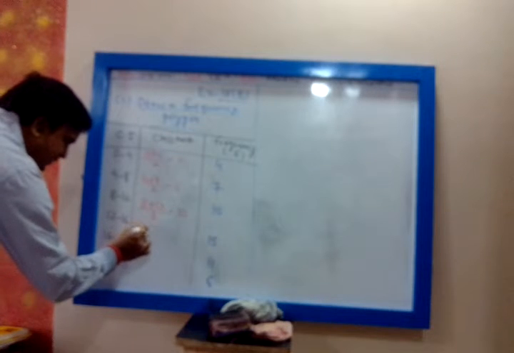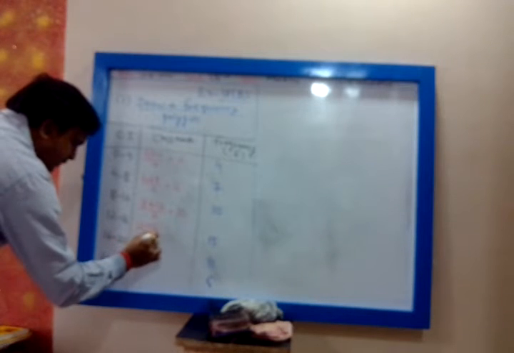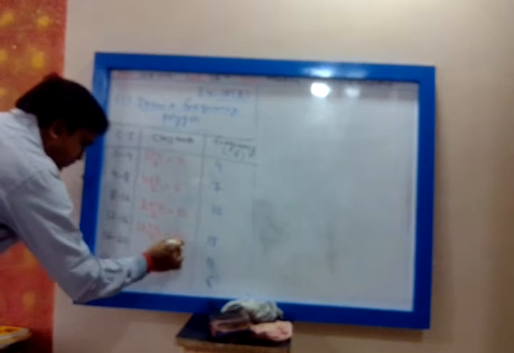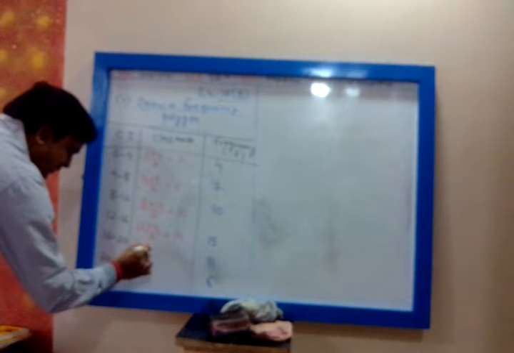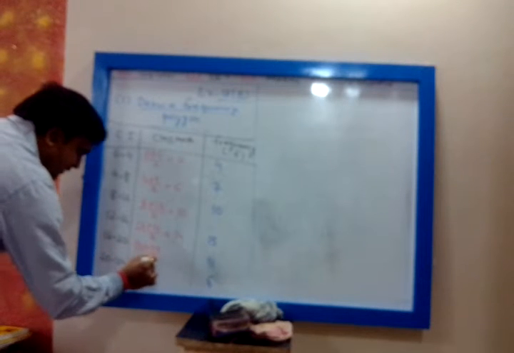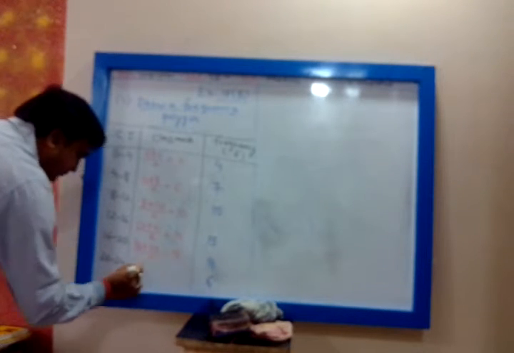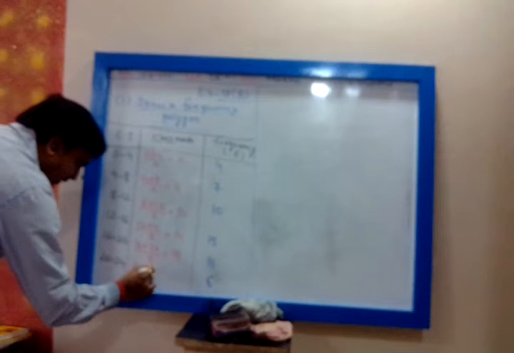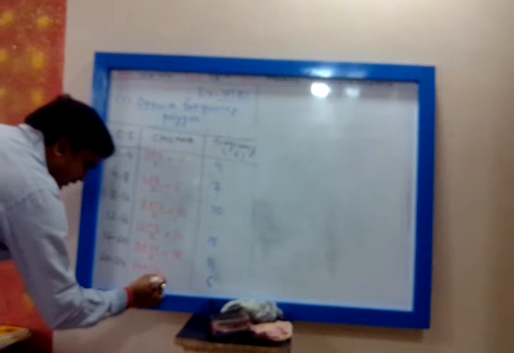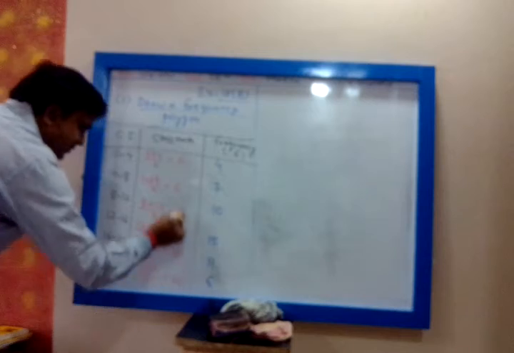Then 12 plus 16 divided by 2 is 14. Then 16 plus 20 divided by 2 is 18. Correct? Then 20 plus 24 divided by 2 is 22. So these are the class marks.